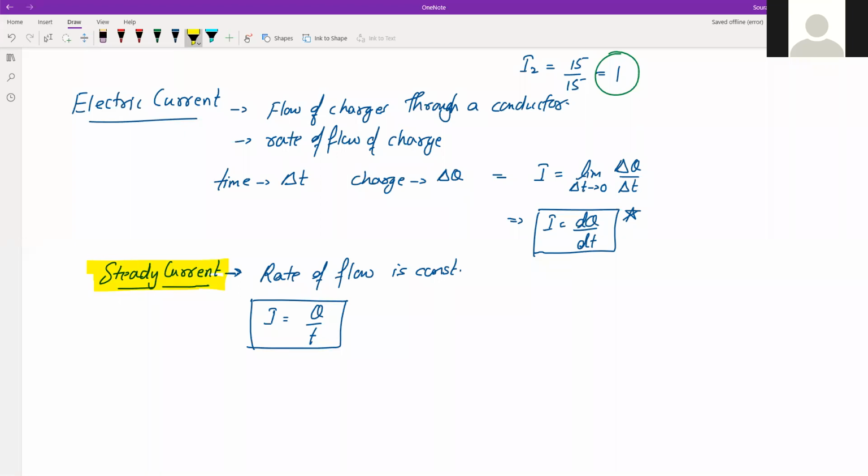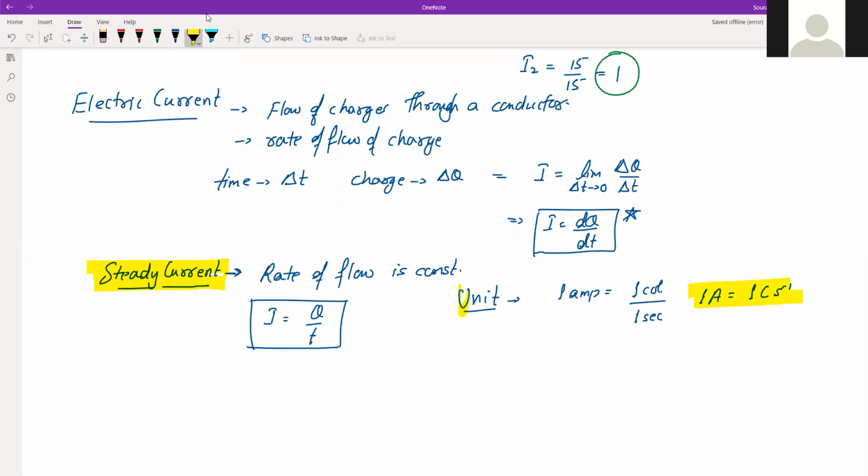Coming to its unit, I think all of us know, it is 1 ampere, which is equal to 1 coulomb charge per unit of time, that is 1 second. So 1 ampere is actually equal to 1 coulomb per second.